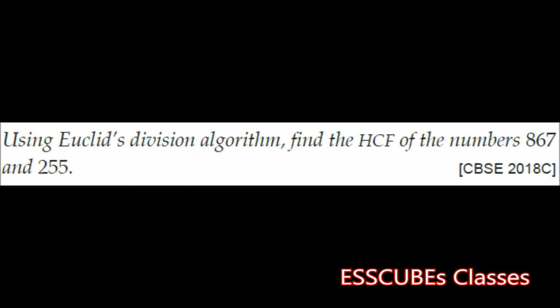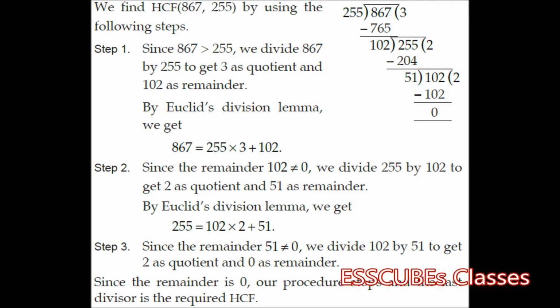Let's take an example. Let us use Euclid's division algorithm to find the HCF of the numbers 867 and 255. By the way, this question came in the 2018 compartmental exam. We are asked to find the HCF of 867 and 255 by using the steps that have been discussed.